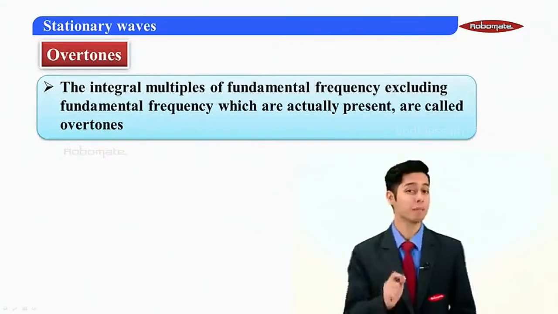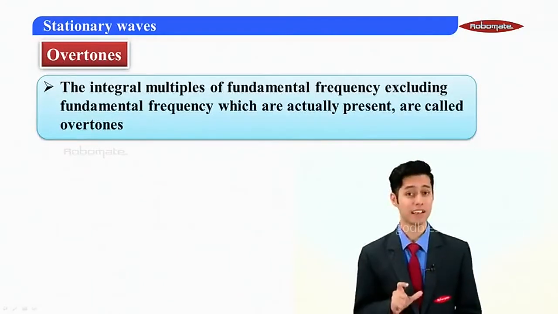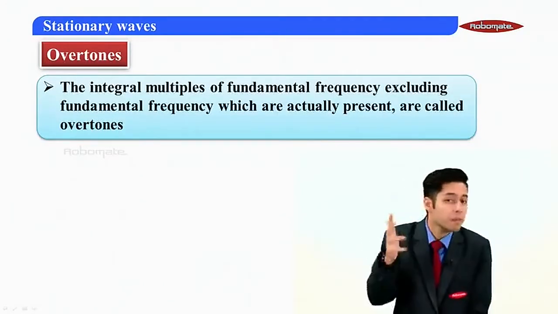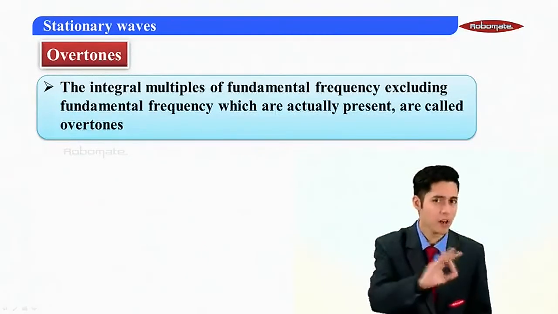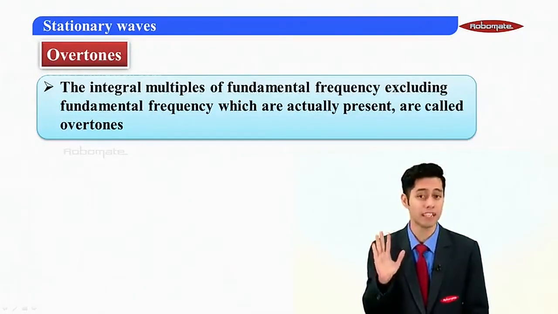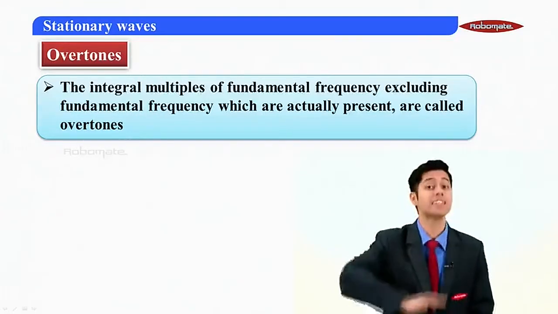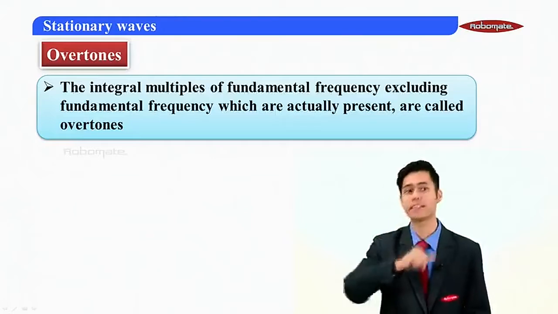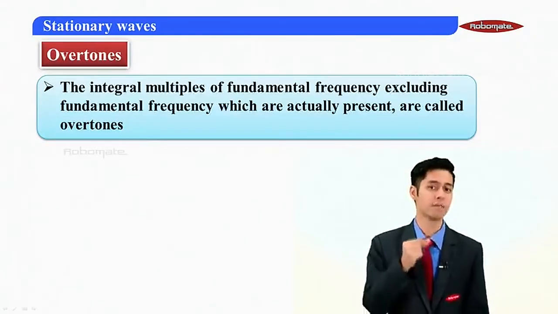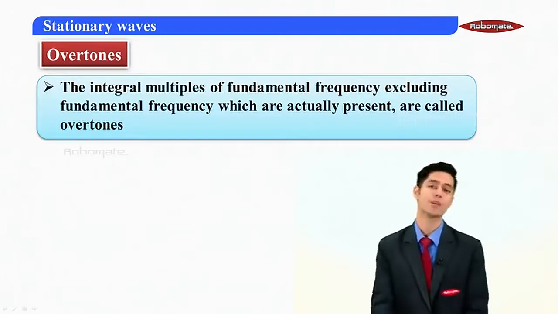The integral multiples of the fundamental frequency, excluding the fundamental frequency. I'm not at all concerned with the fundamental frequency, and I am only concerned with the integral multiples which are actually present. These integral multiples are called overtones.